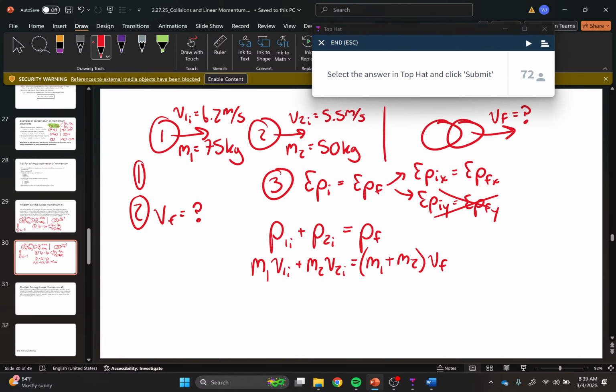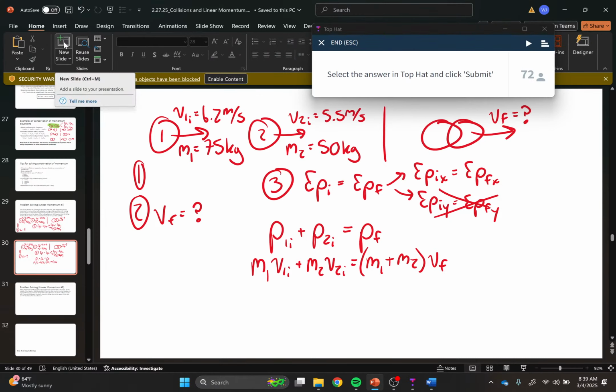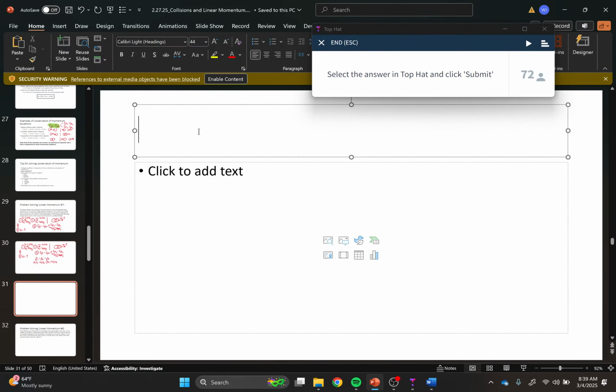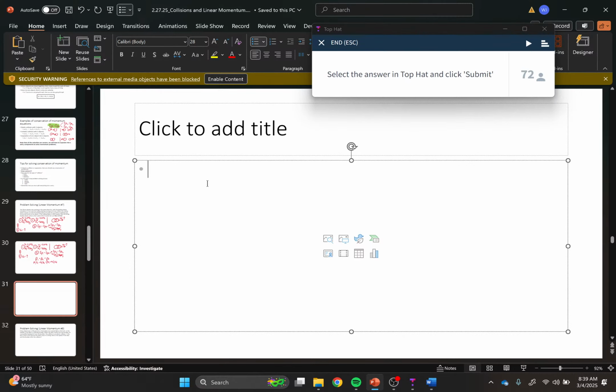If I had 10 objects, do I want to do that? You know what? Let's practice this. This is good. I'm not going to make it a Top Hat question because, oh my gosh, it'd be so much typing for me. I'm going to give you all something wild that I'm never going to give you a problem on, just to see if you can do it.